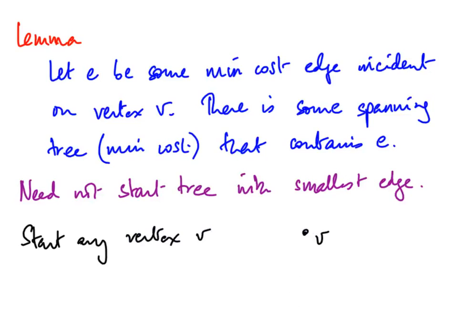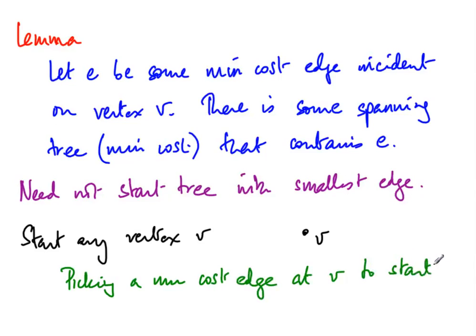And what we would do in the first step is that, as we normally use Prim's algorithm, we'll actually end up picking a minimum cost edge at v to start the tree. The point is this need not be a global minimum. This is a minimum cost edge at v.